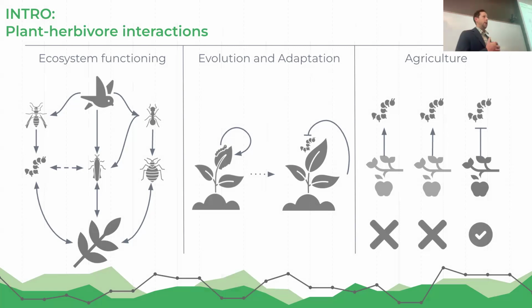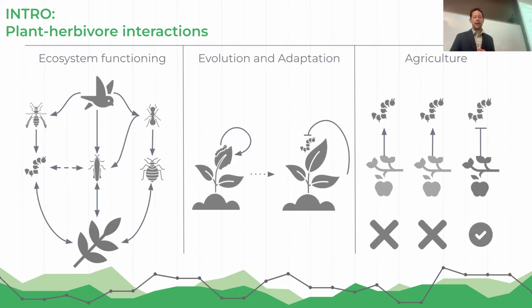How plants and herbivores interact has consequences not only for those plants and herbivores, but also for entire communities: the predators that feed on the herbivores, the herbivores that might compete with other herbivores for access to resources, et cetera. So that's one way we might try to understand the importance of these plant-herbivore interactions, with regard to ecosystem functioning.